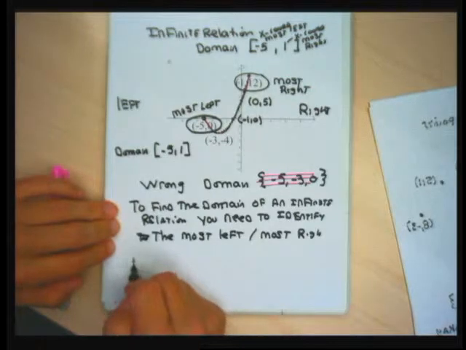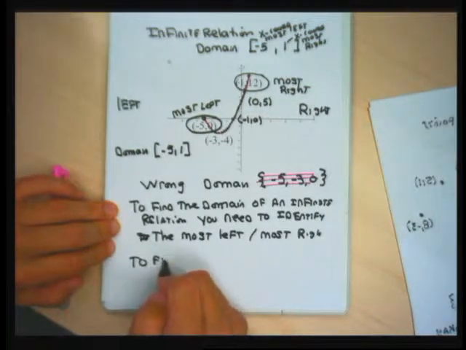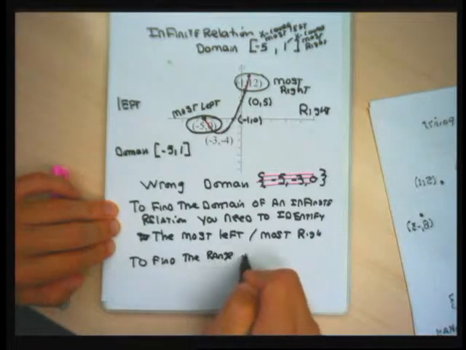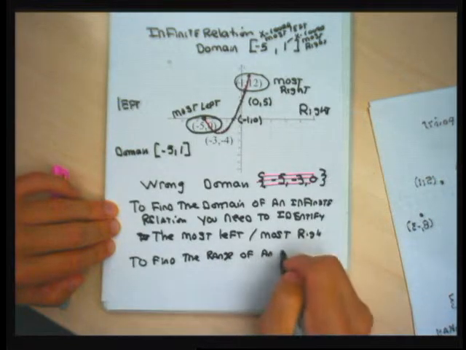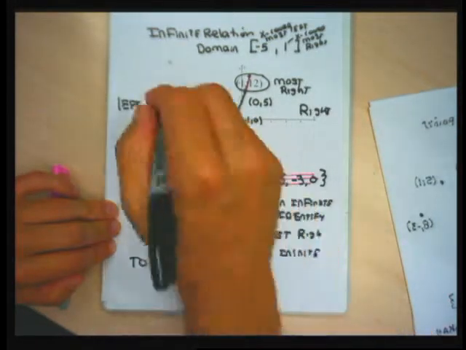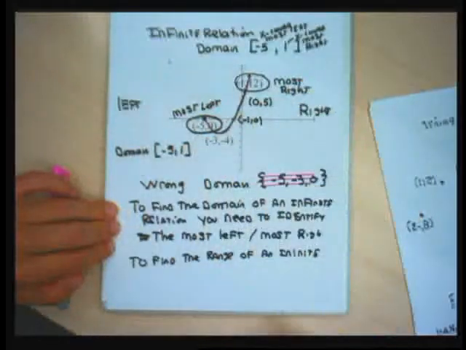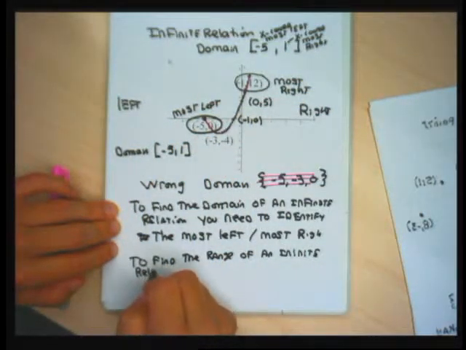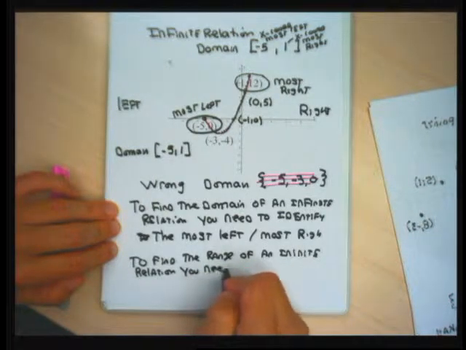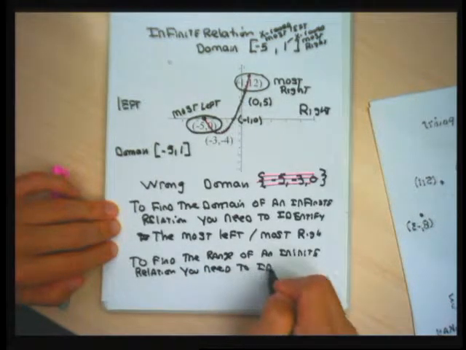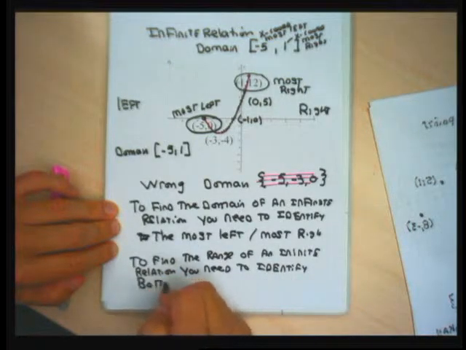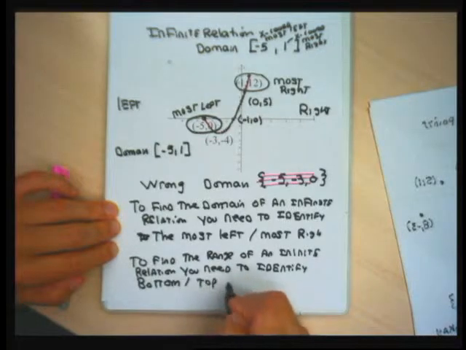To find the range of an infinite relation, once the points are connected with any curve, it's an infinite relation as opposed to a finite one. You need to identify the bottom and top points.